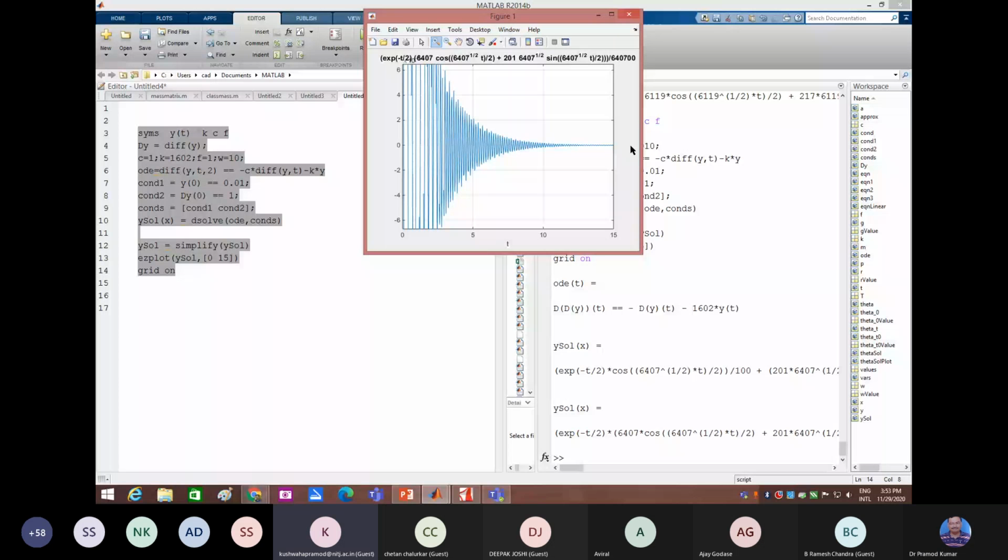This is a free vibration problem, and therefore this way we can get the solution without going into any intricacy of how the differential equation is solved. Here we just write the differential equation and dsolve, put the boundary conditions, and you will get the answer out of this.